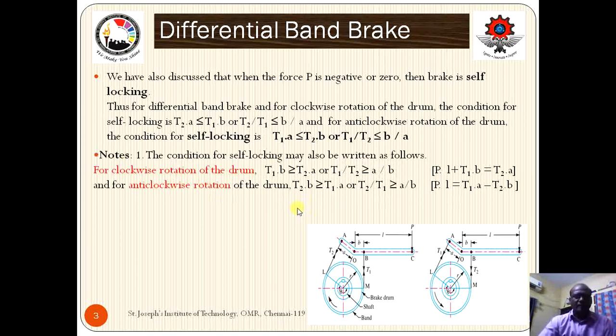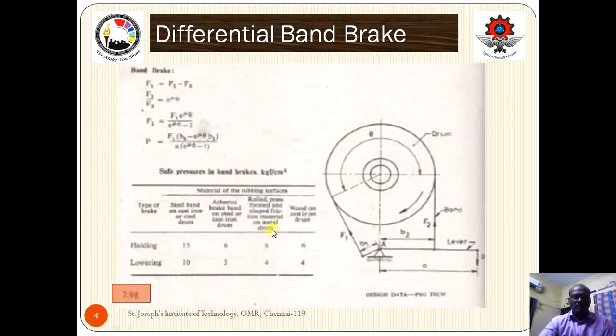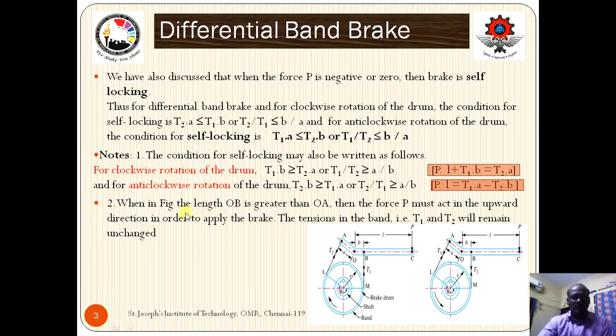Now we have already seen for clockwise rotation T1B should be greater than T2A, and for anti-clockwise rotation T2B should be greater than T1A. From this you found the earlier equation. This is for self-locking. Similarly for self-energizing, if in the figure length OB is greater than OA, then the force P must act in the upward direction in order to apply the brake.